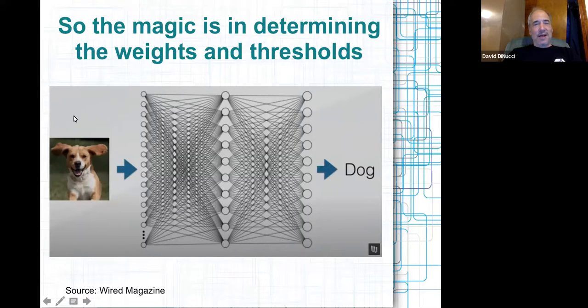Here's the kind of thing that happens. What we'd like to do is take something like a picture of a dog. We'd like to take all the pixels, that is, say the top left corner is dark, and we'll make a correspondence between every point on this picture and one of these input neurons.